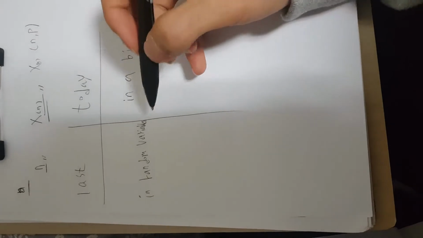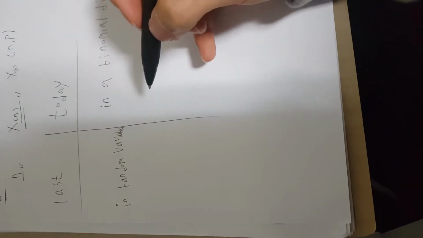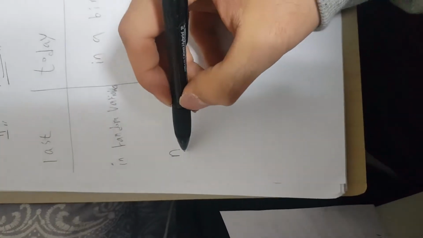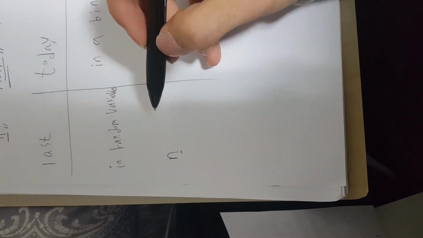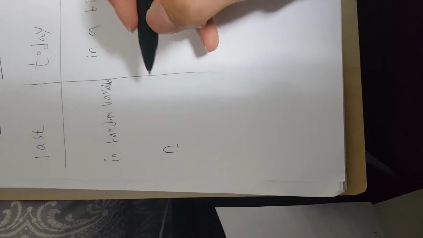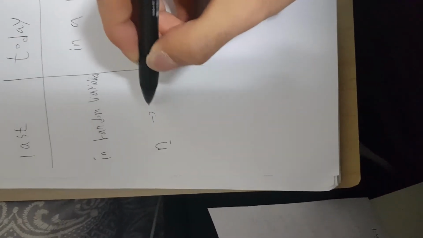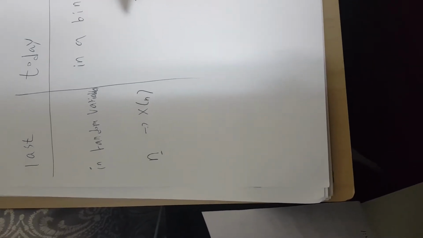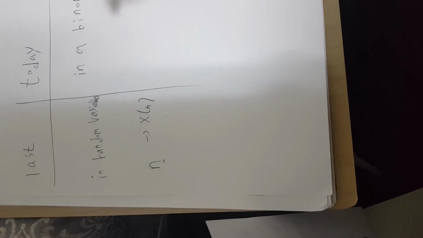In a binomial distribution, PMF is defined as follows. The number of times n independent experiments where success is expressed by a random variable Xn. Xn is then defined as a binomial random variable with n, p as the parameters.